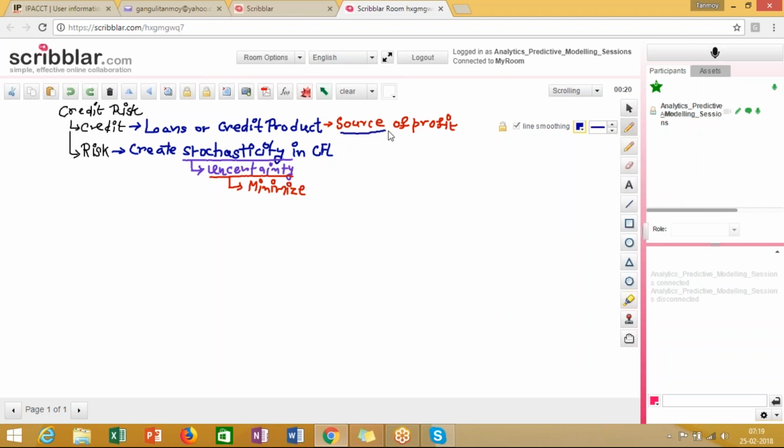So the source of profit is nothing but the interest differential.